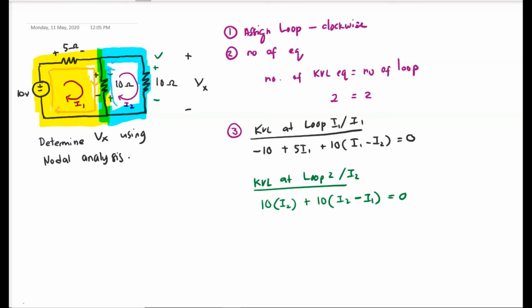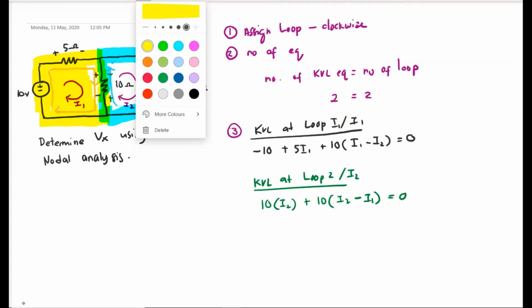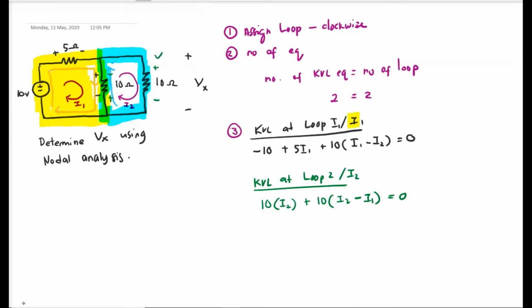As you can see, if I1 is dominant, I1 will subtract the other currents of the next loop. Same as the second equation, I2 is dominant, so I2 will subtract the other currents of the other loop.